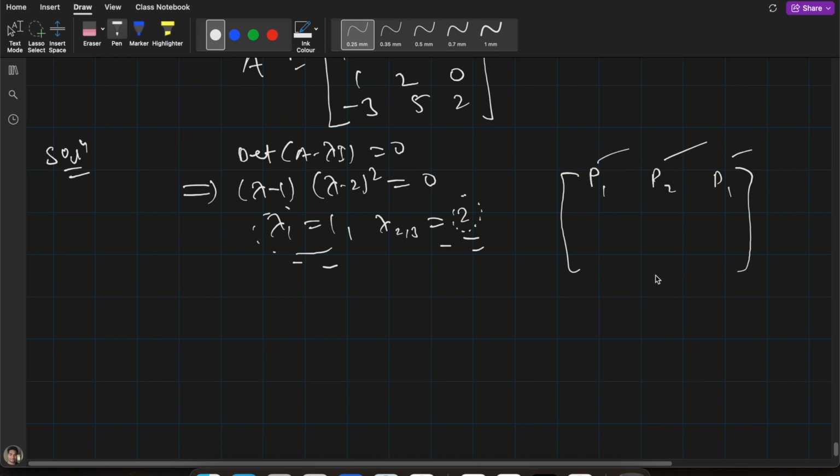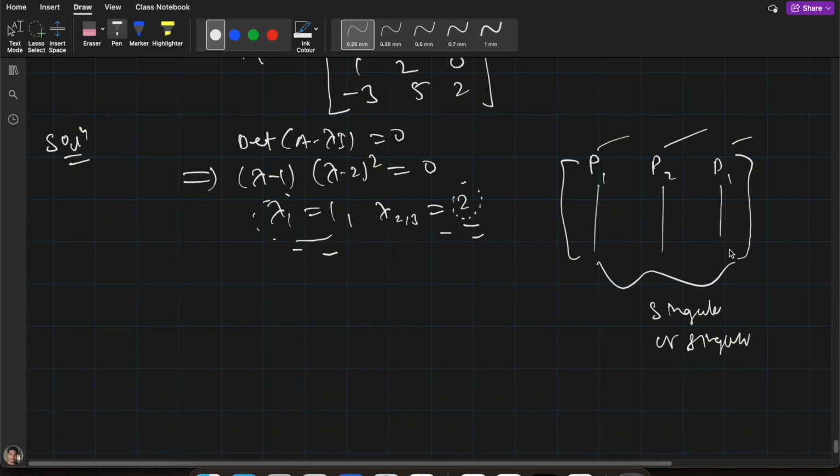So is this matrix singular or non-singular? Non-singular. Just tell me, will these eigenvectors be dependent or independent? It would be independent. Okay, I think you are not understanding, but your answer is correct.